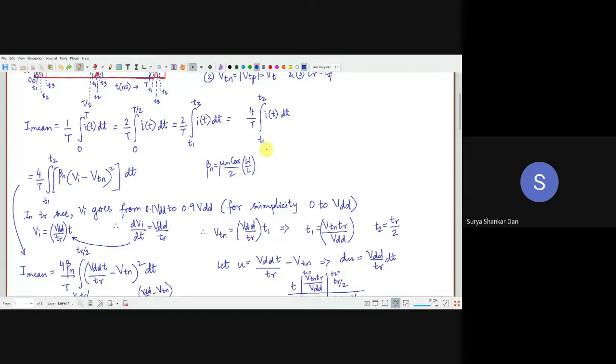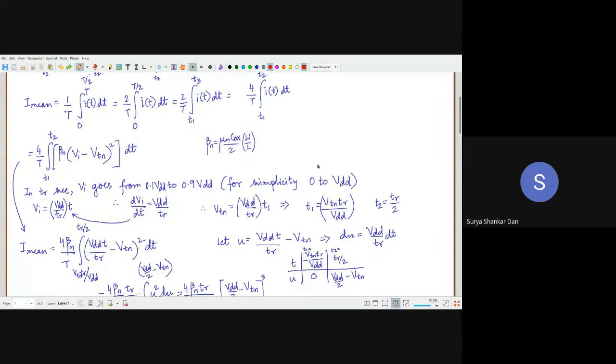In fact, this way it is better because in practical designs, you will be working only with beta, not with this. Okay, so you will always be having one difference in the factor of 2. So if you go through the textbooks, you will actually find 2 over here instead of 4 because beta is not having this 2 factor. Okay, all right.